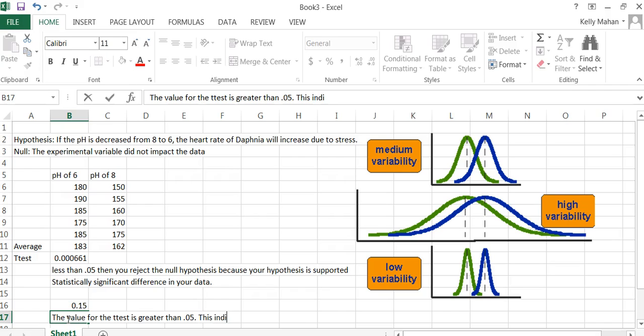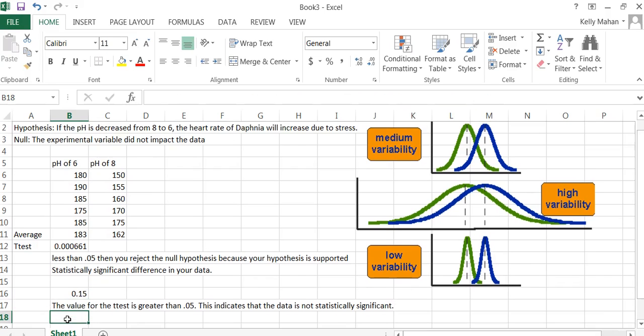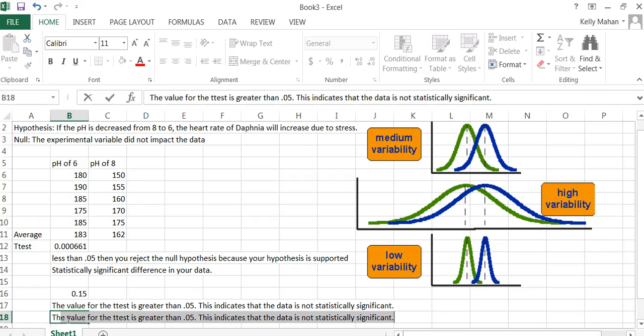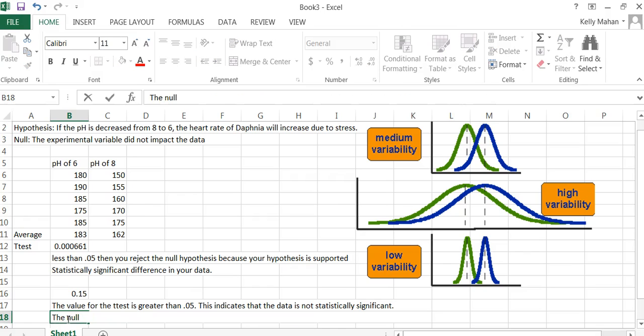This indicates that the data is not statistically significant. The null hypothesis is accepted. Okay?